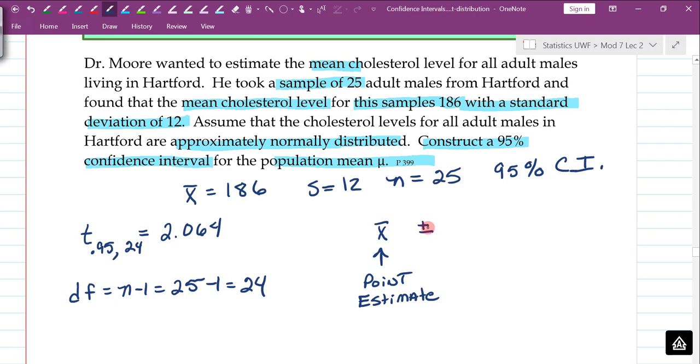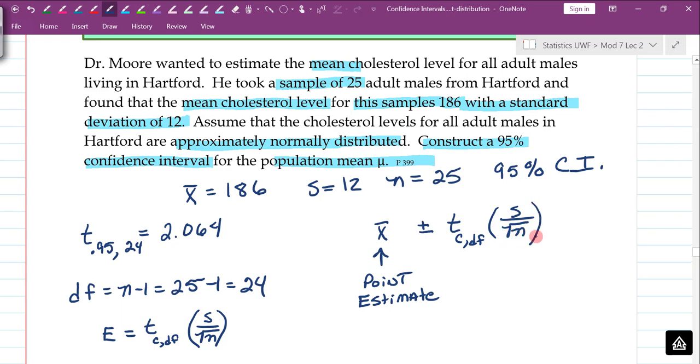We're going to be adding and subtracting our margin of error. And E is going to be equal to T sub C, comma, DF for degrees of freedom, times our standard deviation divided by the square root of N. Okay, so I'm just going to write that over here. It's T sub C, comma, DF times S divided by the square root of N.